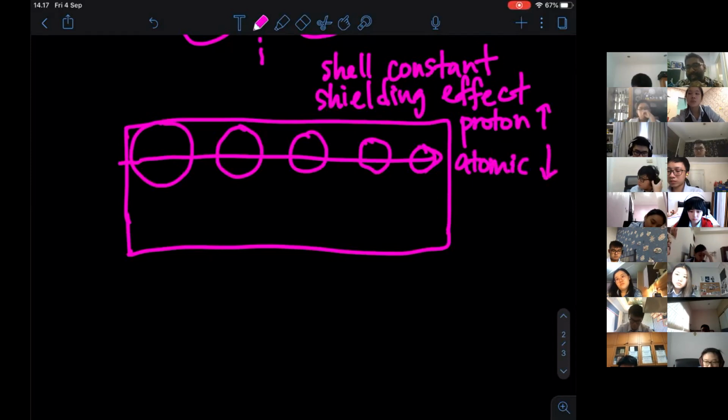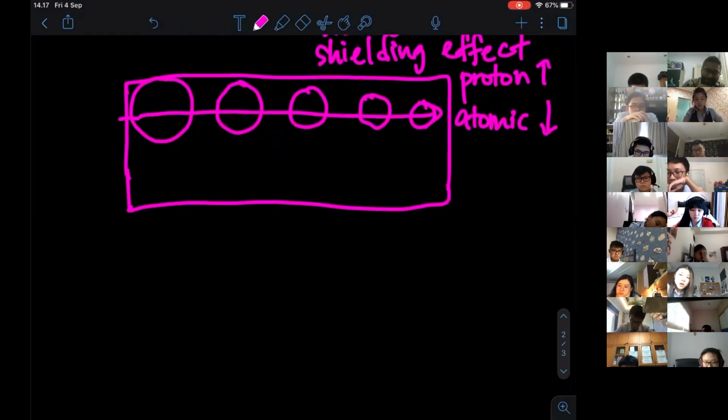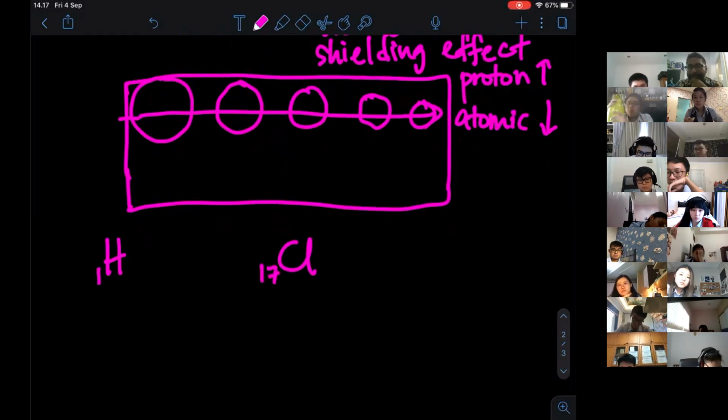The moment you see the atomic radius is decreasing, that's already an indication that they are strongly electronegative atoms. Now, if I have H and Cl, and I want to find out which one is more electronegative, we know that hydrogen is 1, chlorine is 17.